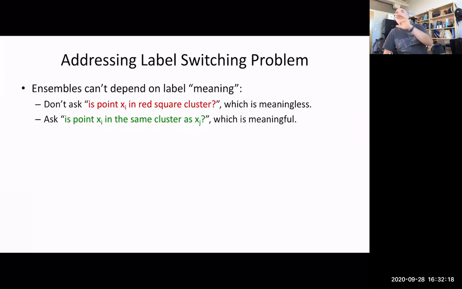Just think about 100 different clusterings and all the permutations of the labels that can take place. So you can ask questions about the size or shape of the cluster at a particular location, but you can't ask, is the red cluster at this location? Because the red cluster doesn't make any sense. The red cluster is going to move all around. That's really the issue.